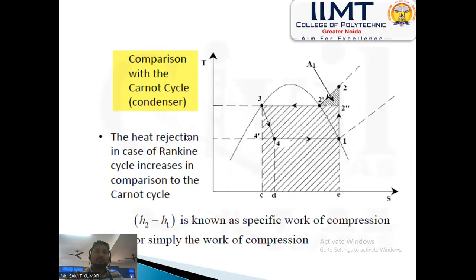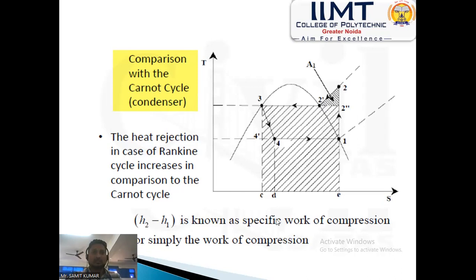Now we will compare the Carnot cycle and the condenser. The heat rejection in the Rankine cycle increases in comparison to the Carnot cycle. Where is the heat rejection? Heat rejection is in process 2 to 3. In the Carnot cycle the heat rejection is less, but in the Rankine cycle we can see that an extra area is there, that is the maximum heat rejection from this cycle.